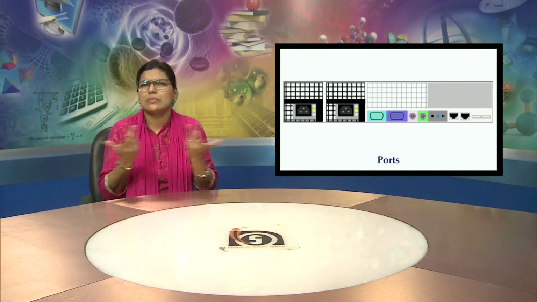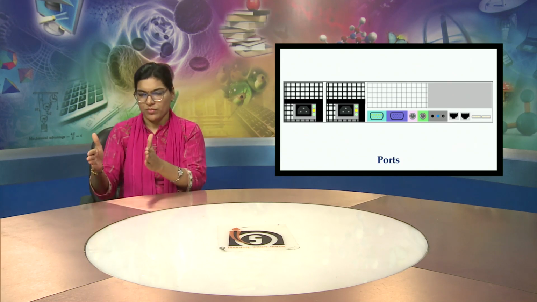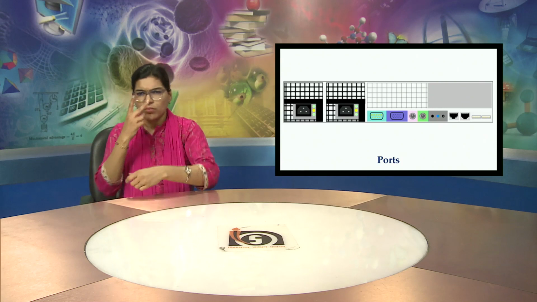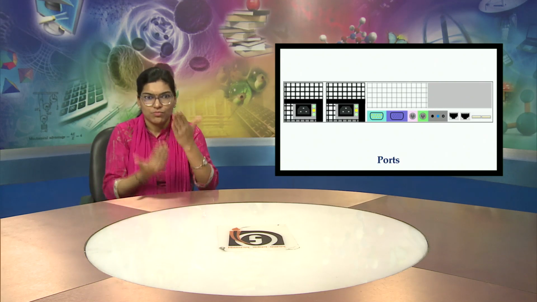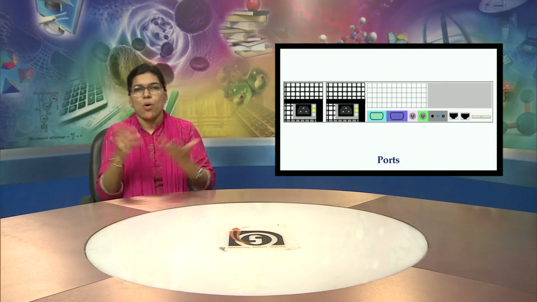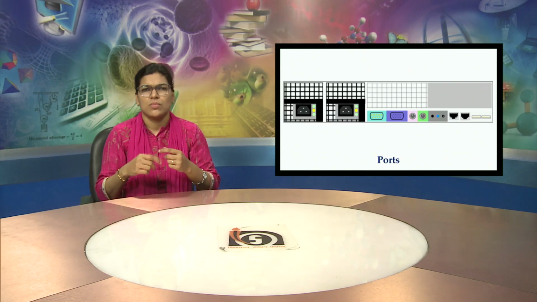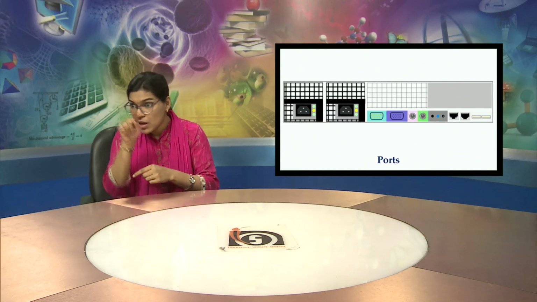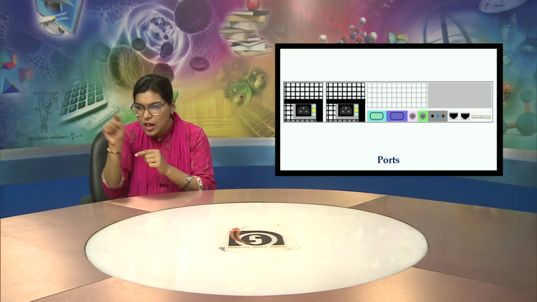Now, this image which you can see on the screen is of the ports. There are different kinds of ports available in the CPU for the music system, for the mouse, for different devices attachments.